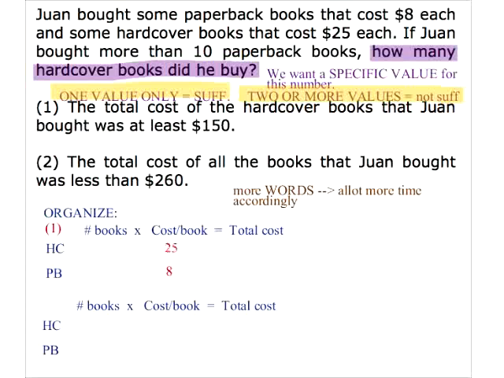And then we also know that in statement 2. So we can put that in there right now. And then the total number of books we know for paperback is greater than 10. So at least we can put that in there, and we know that this is more than 80.